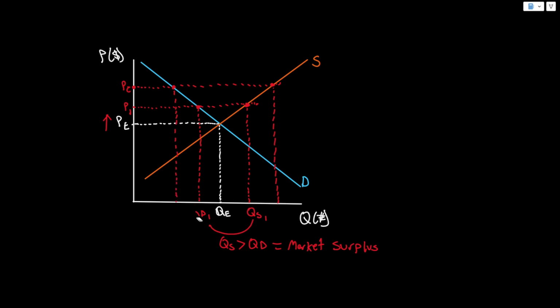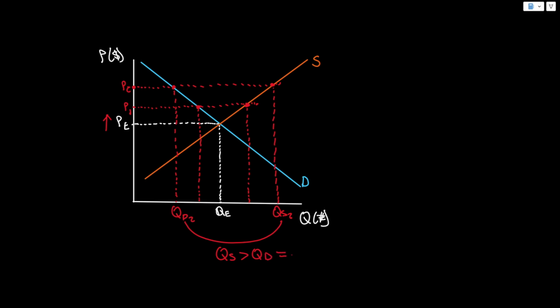So this, let me erase everything else. So we have our quantity of supply 2 and our quantity of demand 2. And as we can see here, quantity of supply is still greater than quantity of demand. So this equals our market surplus.